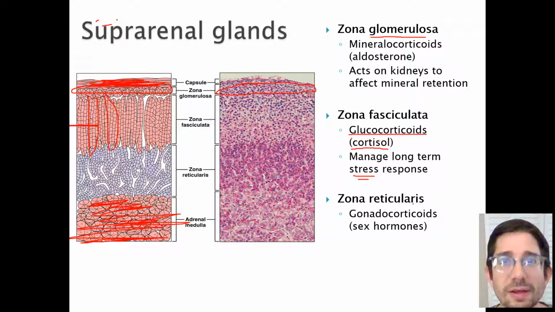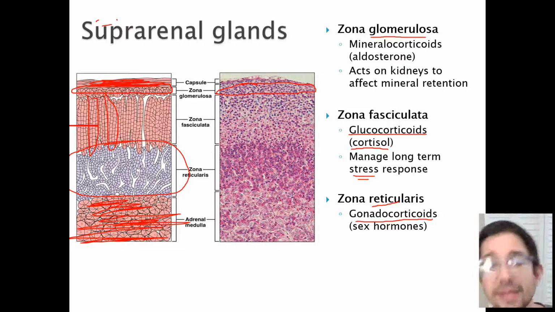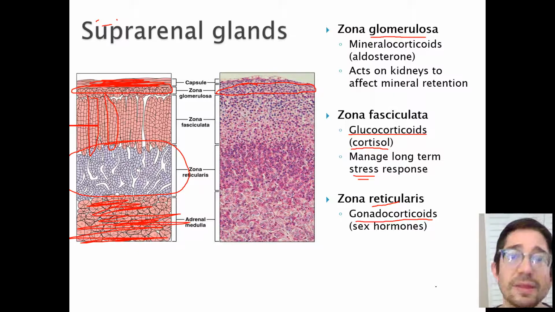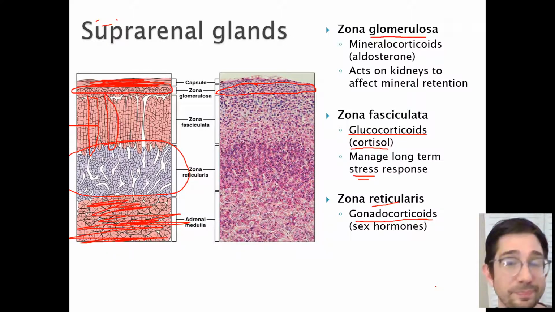Zona reticularis, retic means net-like. So in this somewhat net-like layer, we have a type of hormone being made called the gonadocorticoid. In the cortex, it has something to do with the gonads. So sex hormones are being made here.